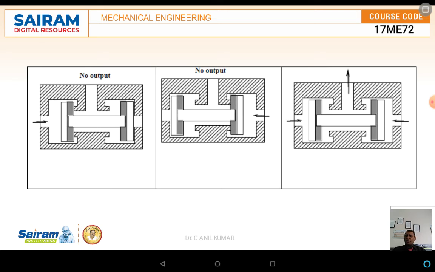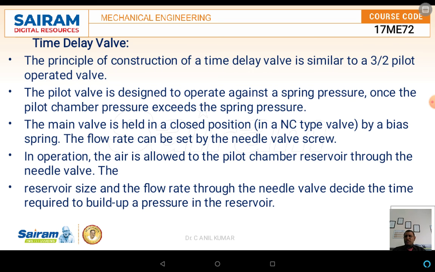The same way, if the pressurization is done from the left side, again it is blocking and no output is there. But in the third case, if there is a balanced pressure on the spool, then the flow takes place. For that reason it is called the AND valve, and we are discussing this type further in the next module.